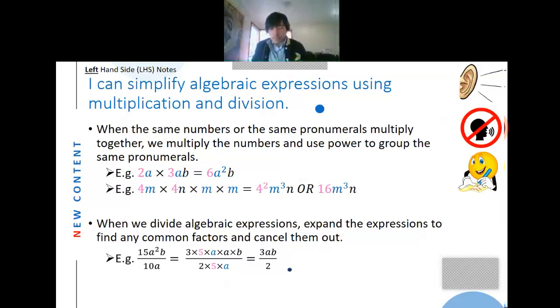First, I would like to remind you that between the number and the letters there is actually a multiplication sign. So 2a means 2 times a, and 3ab means 3 times a times b.